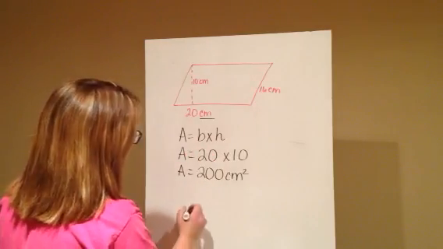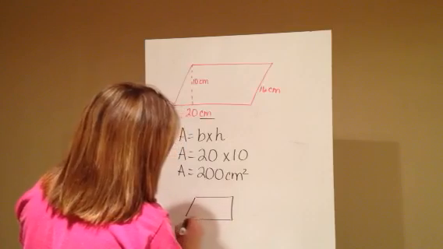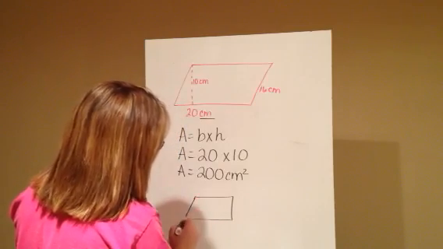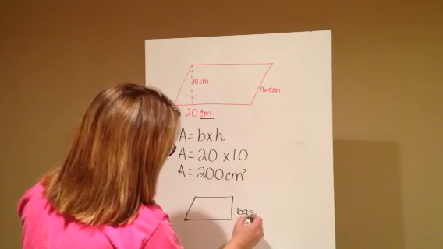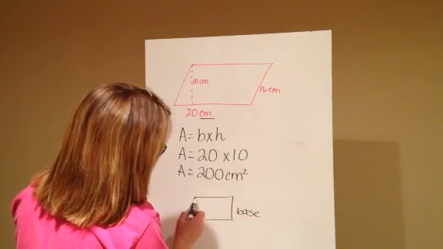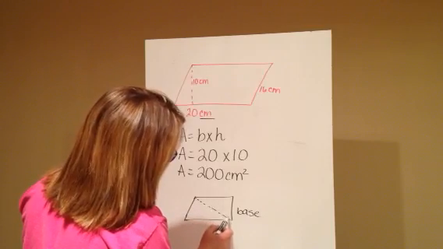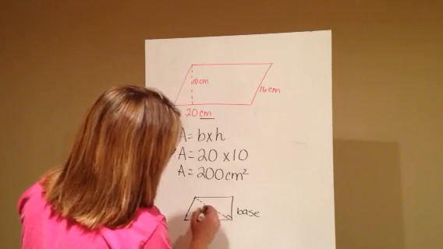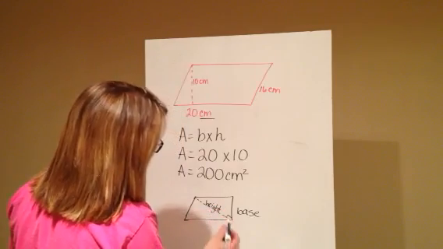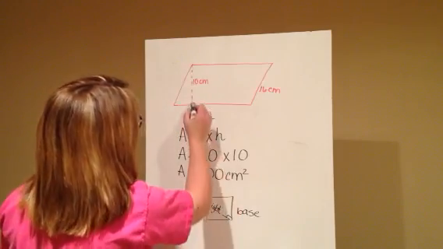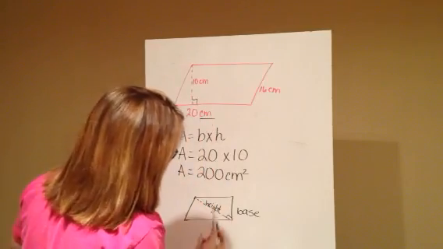So even if I had another parallelogram that looked like, oh, that's a pretty sad one, but just pretend. And let's say that I made my base over here, and so that would mean this is going to be my height, and most of the time our height is going to form a right angle. That's why we have, or I forgot that symbol there.